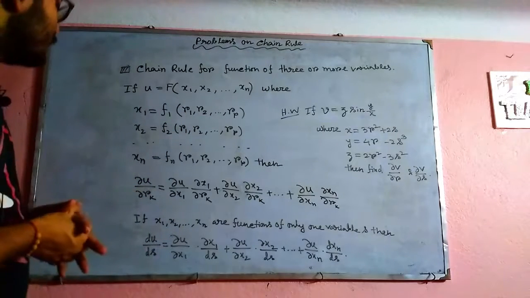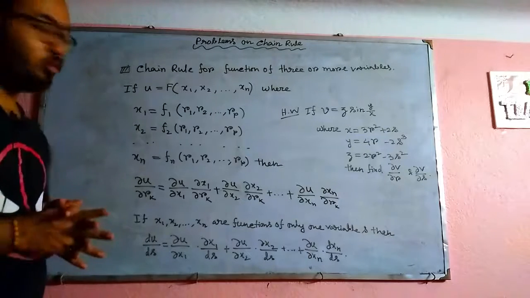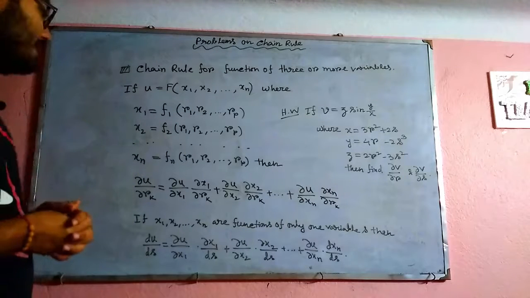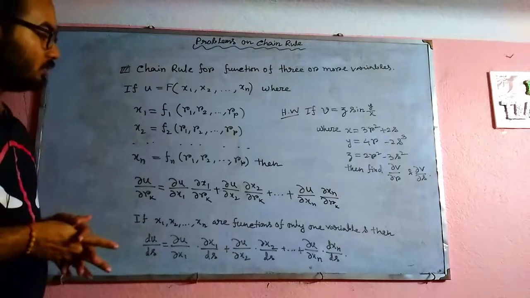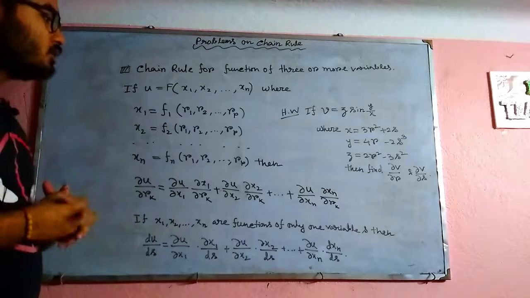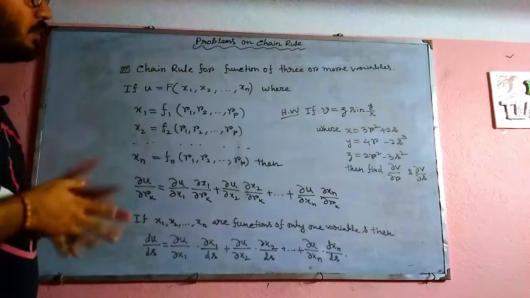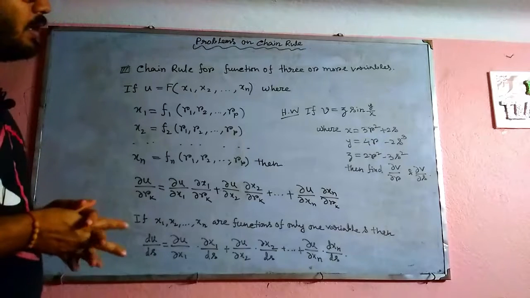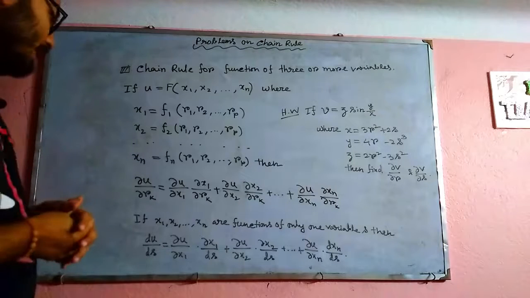So the partial derivative of u with respect to the rkth variable is equal to del u del x1 into del x1 del rk plus del u del x2 into del x2 del rk plus plus del u del xn into del xn del rk.